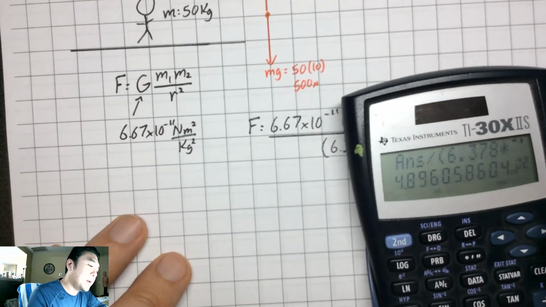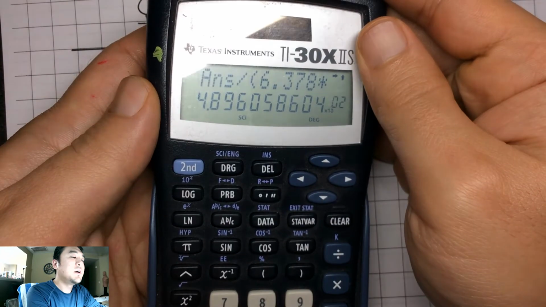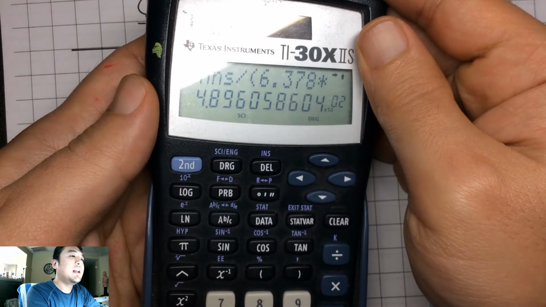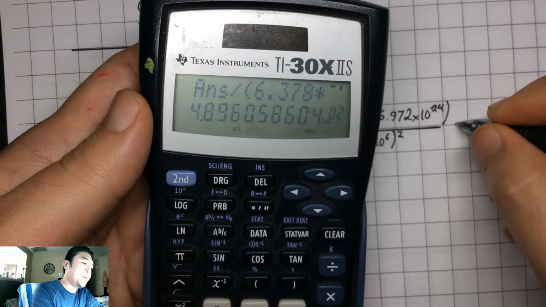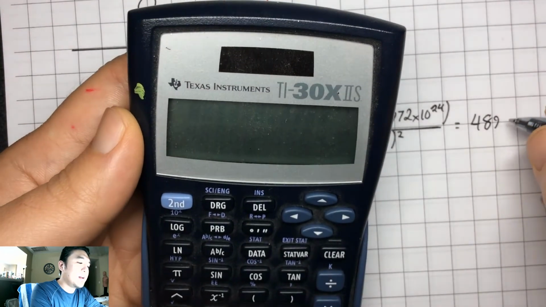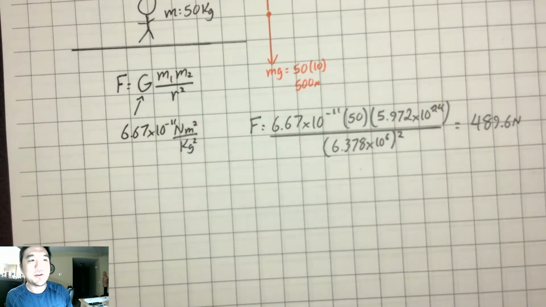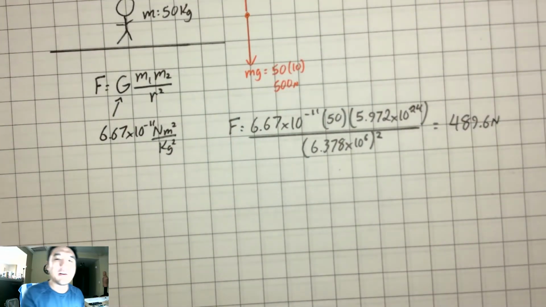So if we did it right, then we get a force on us of about 489.6 newtons. Well, that's not 500. That's kind of weird. Why is that not 500? And let's not forget that we often round our acceleration due to gravity from 9.8 to 10.